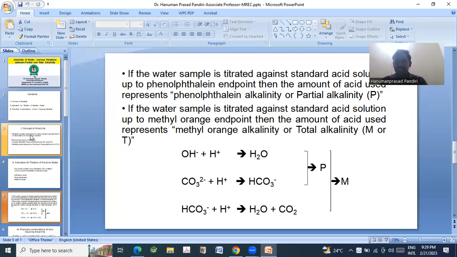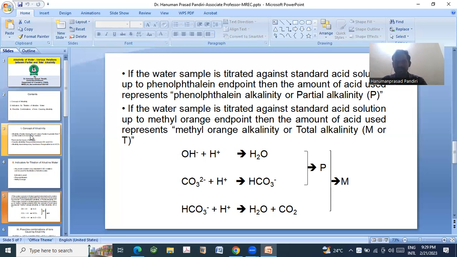And by using methyl orange indicator, all the three ions, that means OH minus, CO3 2 minus, and HCO3 minus will be completely titrated. That is, the three reactions are involved if you use methyl orange indicator.